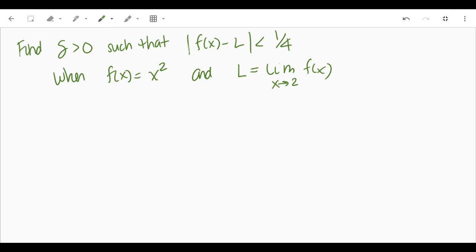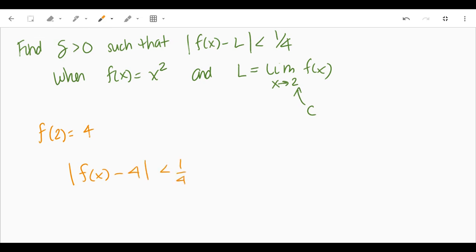Okay, so there's your c. So f of 2 is 4. So we want the absolute value of f of x minus 4 to be less than 1/4.